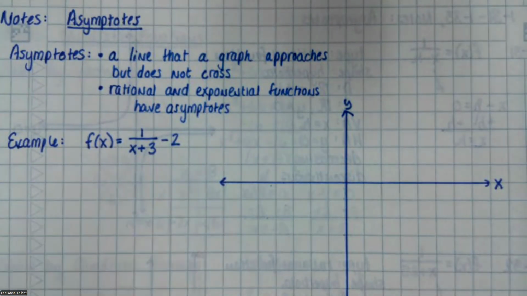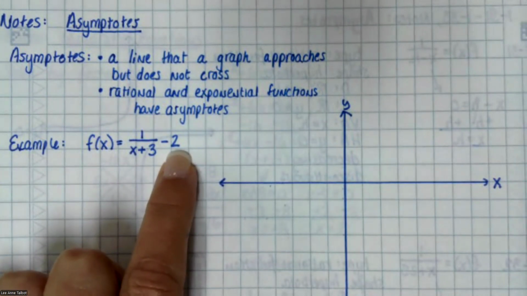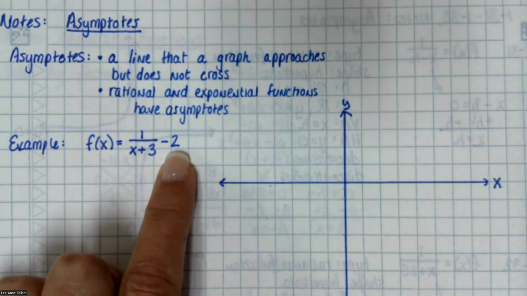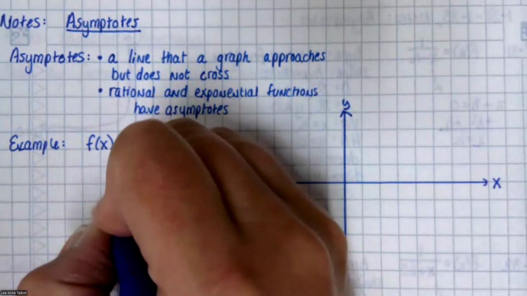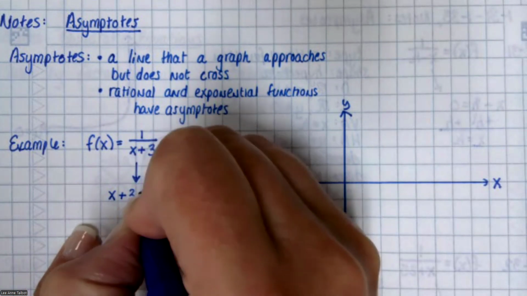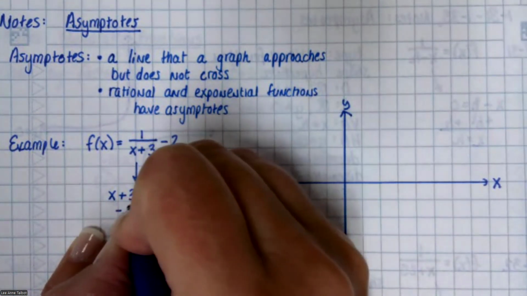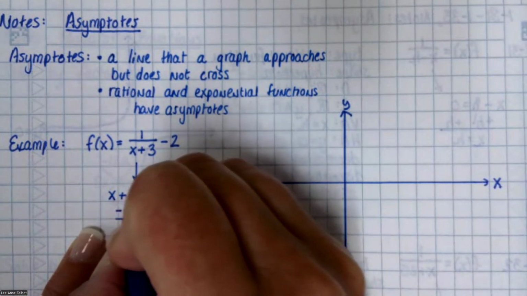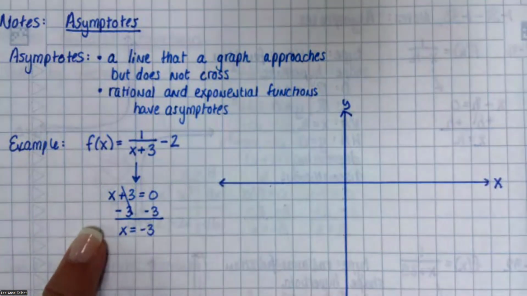Okay. All right. So notice this guy is different. He's got a -2 on the end. So that's going to change some of our stuff. First thing we're going to do though is still take the bottom and go x plus 3 equals 0. x equals -3.